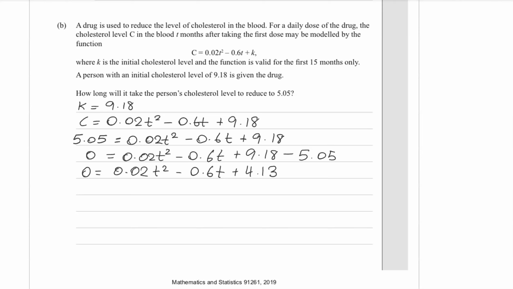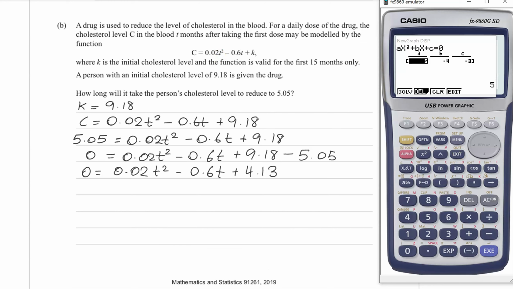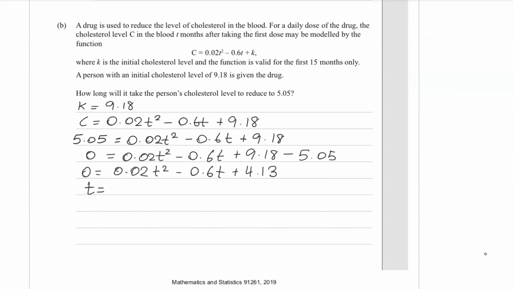Now again, I can just put this into my calculator over here. So I've got 0.02, negative 0.6, positive 4.13. I get 19.3 and 10.7. So I've got t is equal to 10.7, or t is equal to 19.3. Now, obviously they said over here that this function is only valid for the first 15 months.